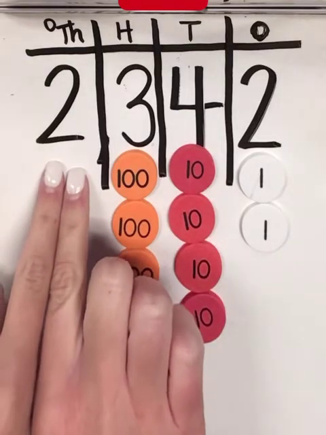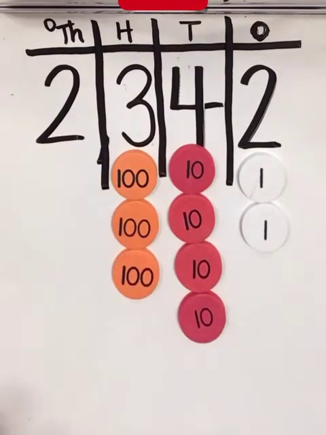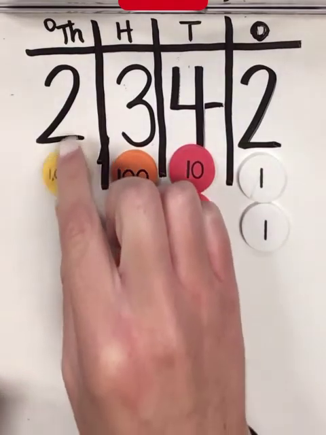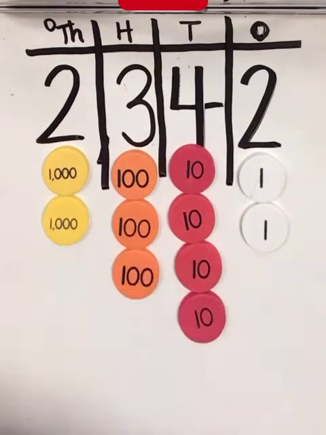Now we're going to move over to our 1,000s place. Here in our 1,000s place, we have 2, so we need to grab 2 1,000s. 1, 2. So we have 2,000. So 2 1,000s is the same thing as 2,000.